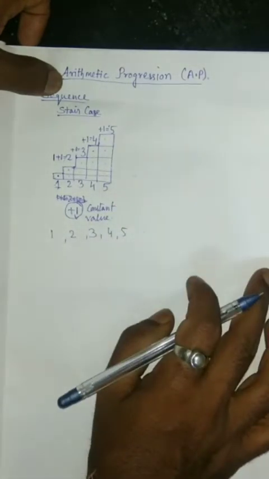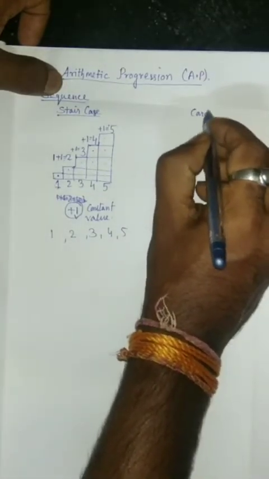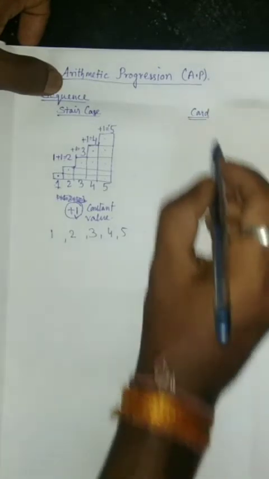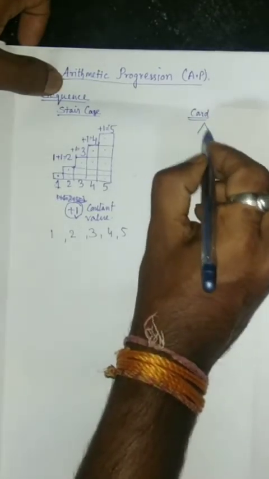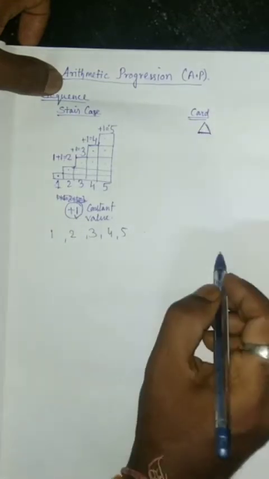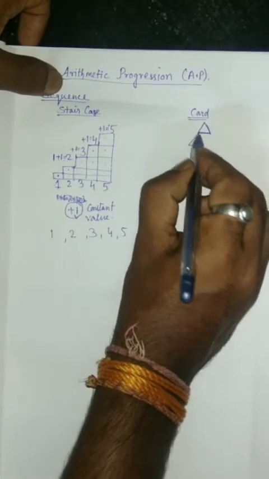Let me take another example. Have you ever seen cards? I am making a diagram. Suppose I am making a triangular block. Below this I am making another triangular block.